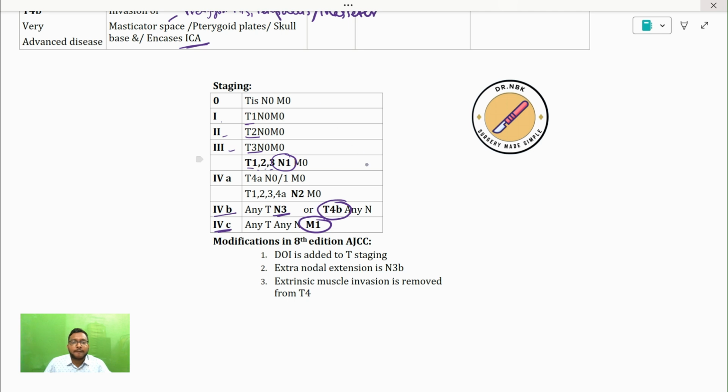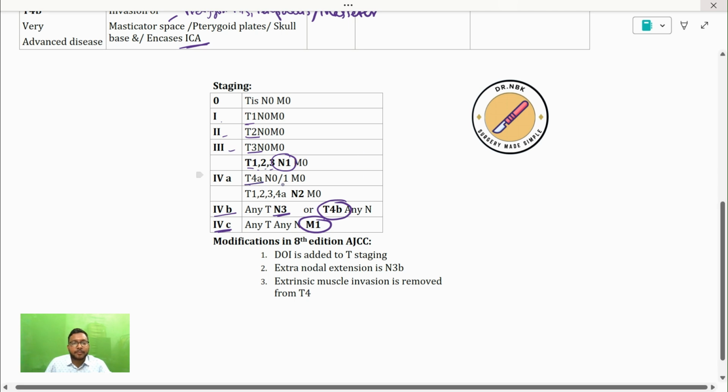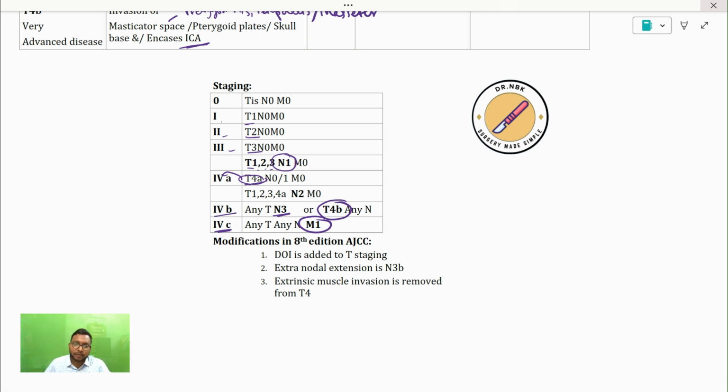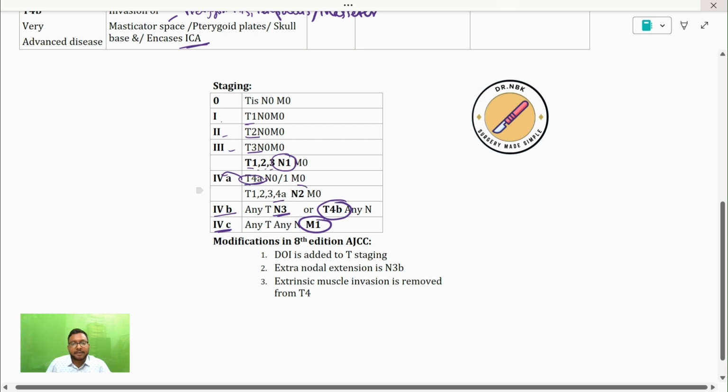Now, whenever it is T4A, whether the nodes are positive or negative, it will come under stage 4A. So T4A with or without nodes will come under 4A, right? Then T1 to 3, or even 4A, but if it is N2, it will again come under stage 4A.